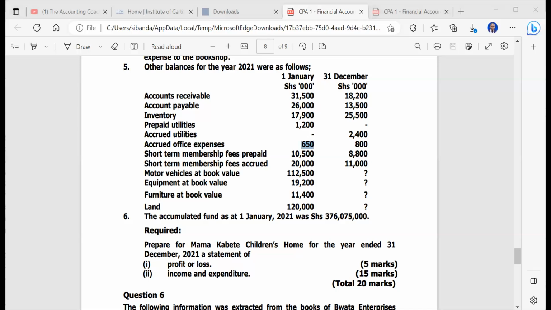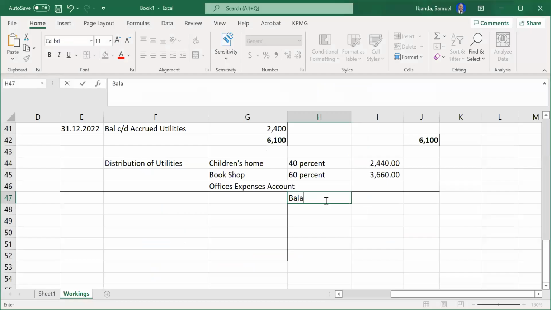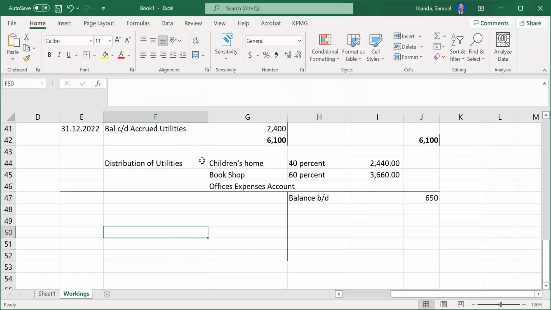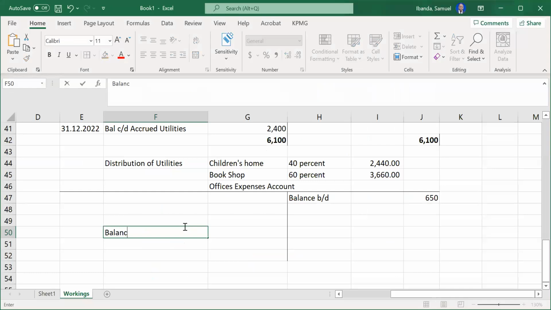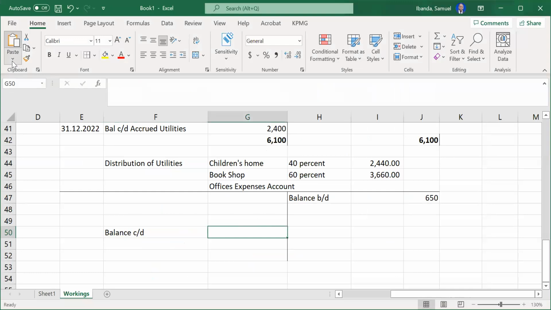So you come here, say balance brought down is that. Then this will be on the debit side, the balance carried down. So you say balance carried down is this.